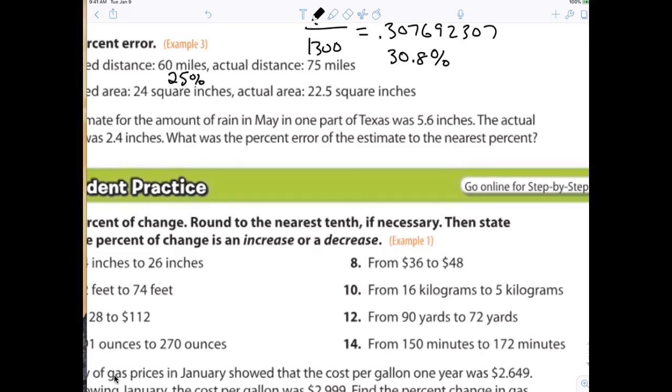The biggest mistake kids make when they do the subtraction is they do 24 minus 22 and then put the 0.5. You hear me on that, right? So again, practice your mental math, okay? So now I have 1.5 divided by what, Thomas? 22.5. What was the original? Yeah, 24.